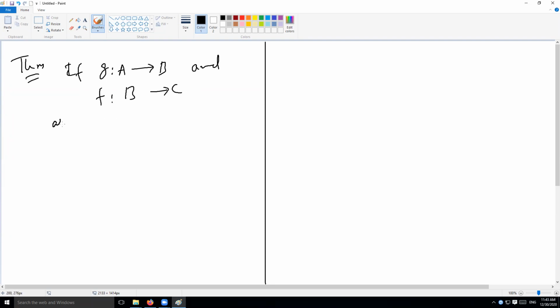And I know about both of these functions that both of these functions are injective actually. ठीक है, so they are 1-1. Then which is going to make sense, F composition G or G composition F? सोचें जरा.